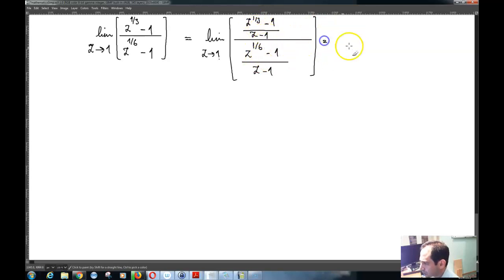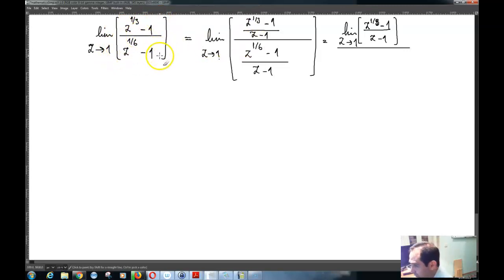And then basically write this as the limit of (z^(1/3) − 1)/(z − 1) as z tends to 1, and of course if you evaluate this at 1, you will get 0 by 0.